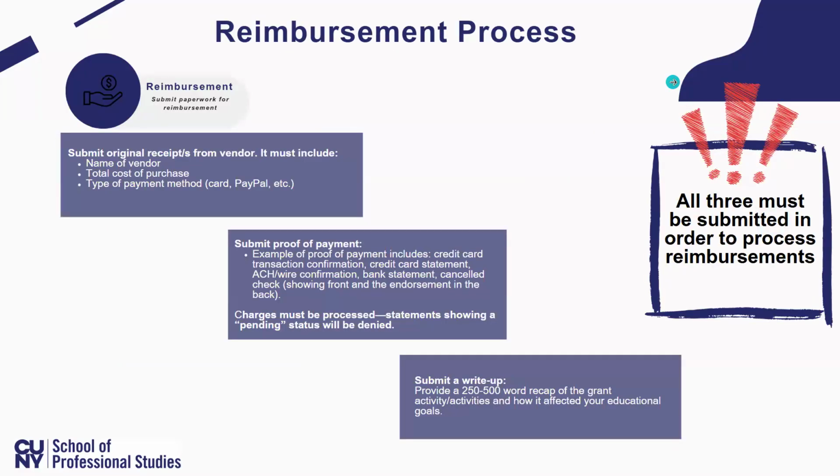So what does the reimbursement process look like? So first, you must provide the original receipts from your vendor or vendors. And this, let's say you purchased a 1 month LinkedIn premium membership. The name of the vendor is LinkedIn. The total cost might be $70. It's just an estimate.